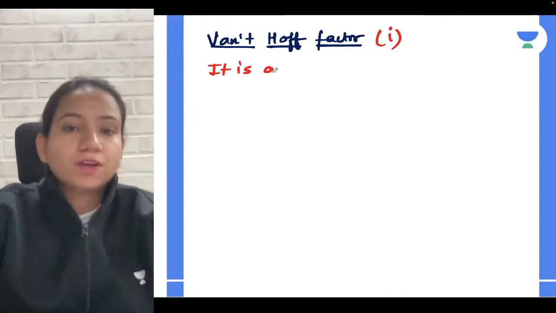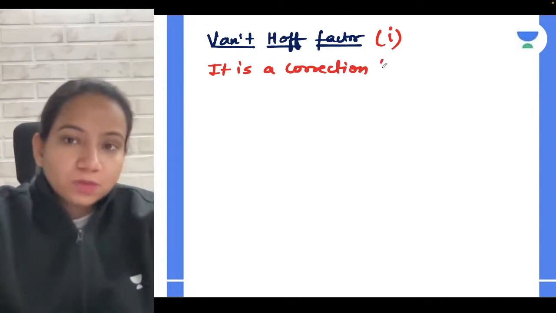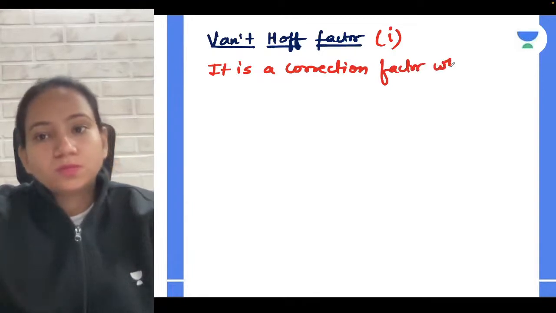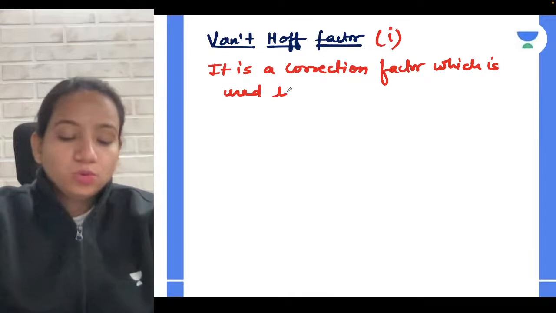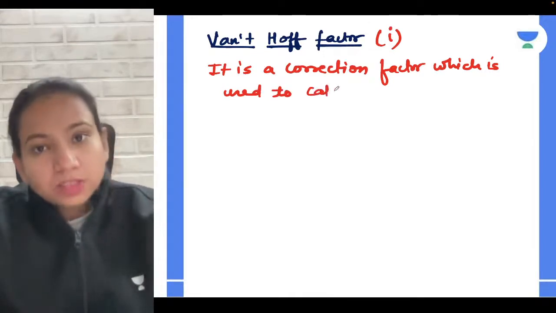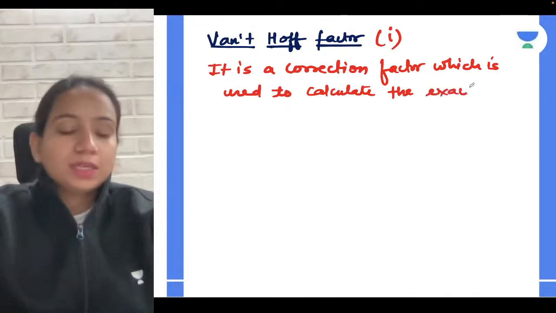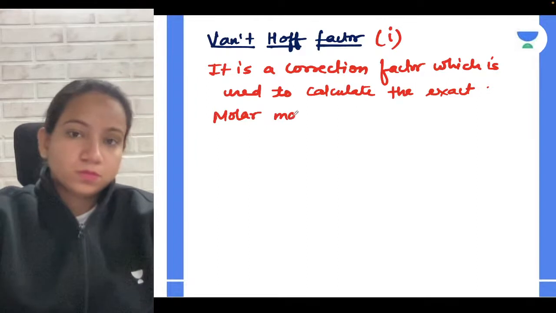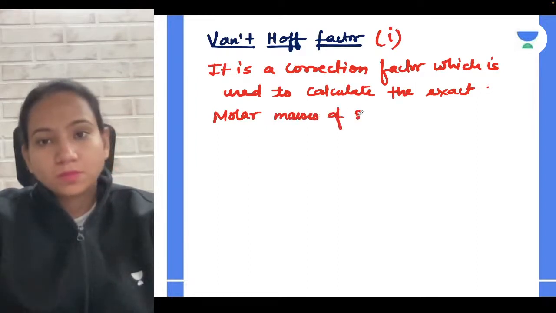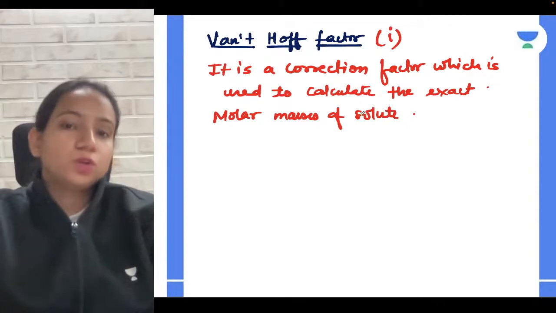It is a correction factor which is used to calculate the exact molar masses of solute.